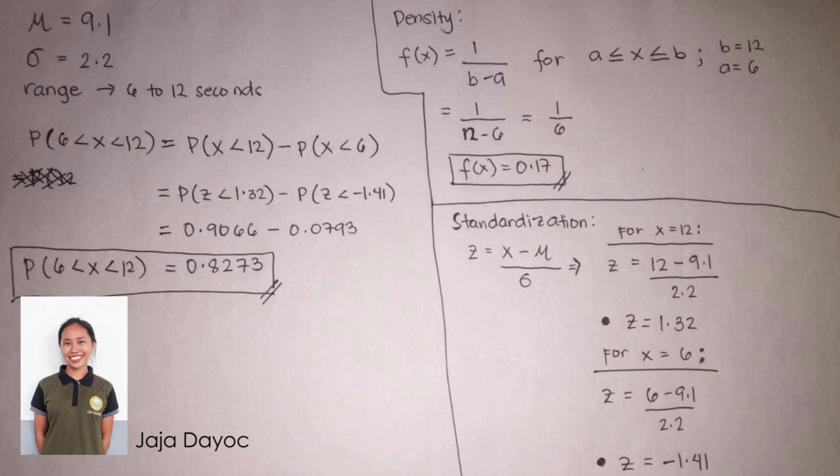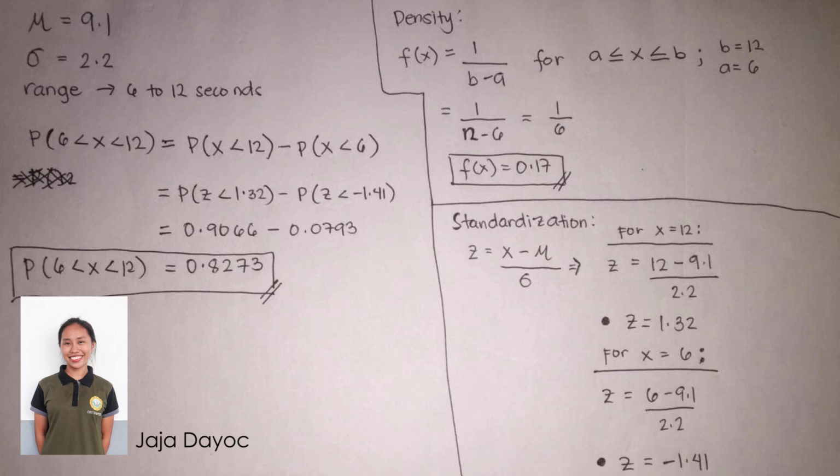For the probability of 6 < x < 12, we could write it in another form: the probability of x < 12 minus the probability of x < 6. And before we look for the value of the probability in the z-table, we should first do the standardization, using the formula z = (x − mu)/standard deviation. For x = 12, we have z = 1.32, and for x = 6, we have z = −1.41.